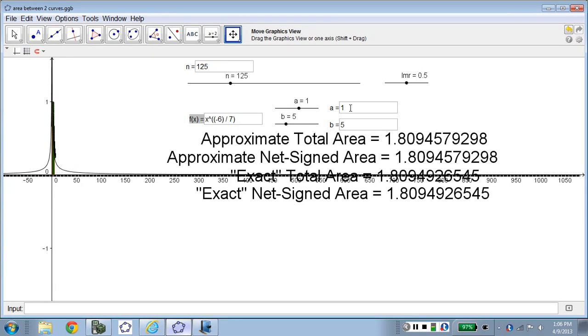And we need area all the way from 15 to 160.